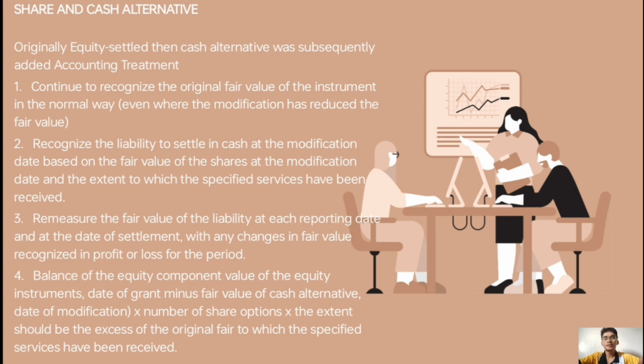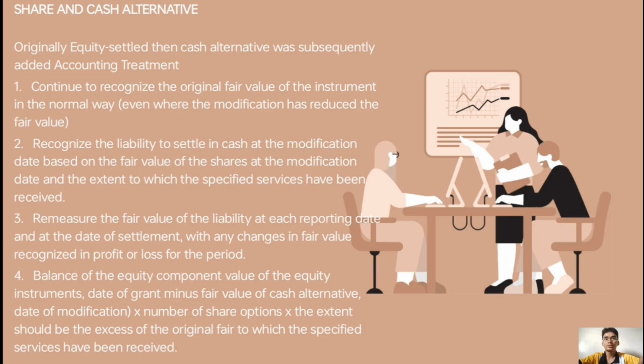Second, recognize the liability to settle in cash at the modification date. When a cash alternative is introduced, a liability must be recorded. The liability is based on the fair value of the shares at the modification date and the extent of services already received.